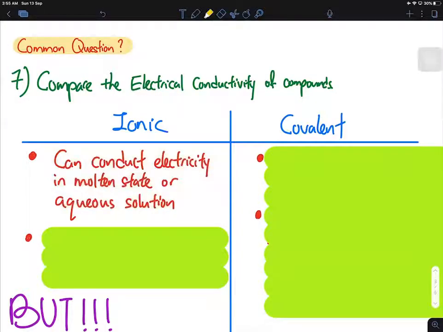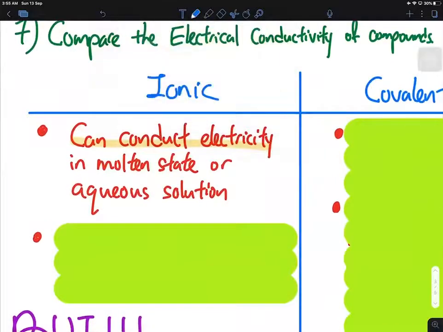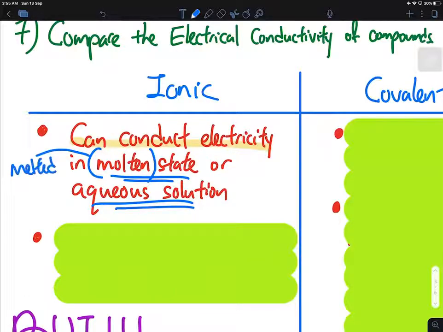So you see, it can conduct electricity, but remember to write in the molten state or aqueous solution. What is molten? Molten actually means melted. So it is changed to liquid form by heating until it melts.